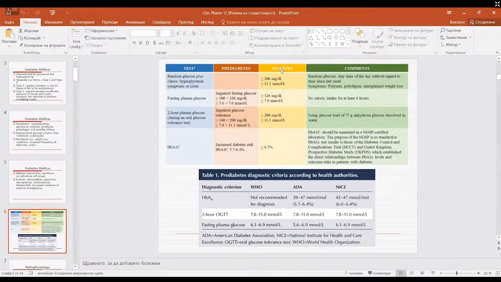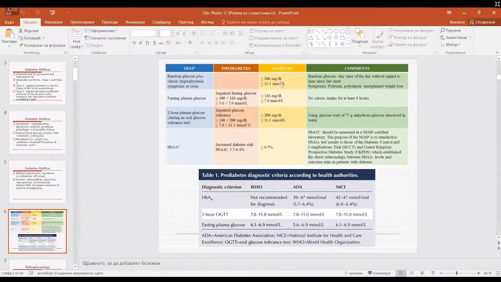And we can make a diagnosis of diabetes when the fasting blood plasma level is again over 126, or 7 millimoles per liter, depending on the units that we use.